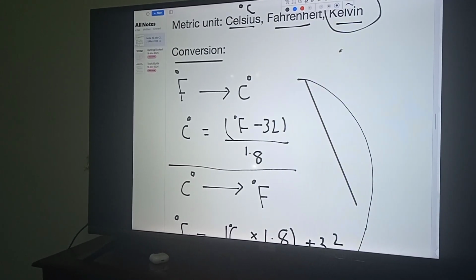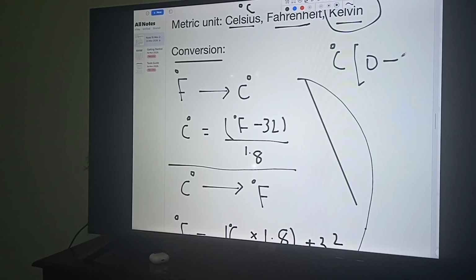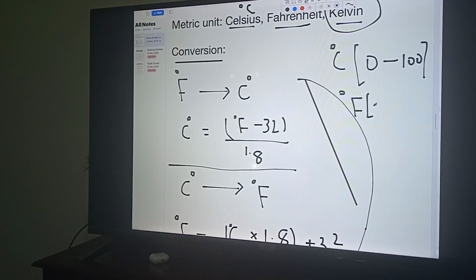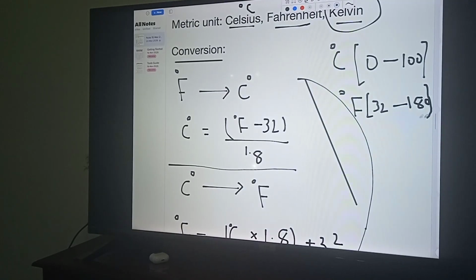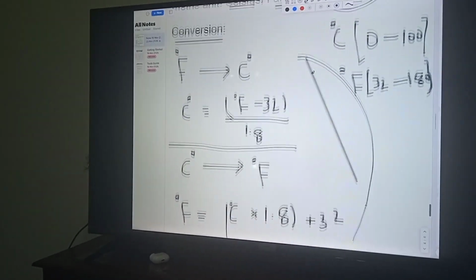That is, the range for degree C is 0 to 100, and for degree F it is 32 to 180. So these formulas are derived from their relationships.